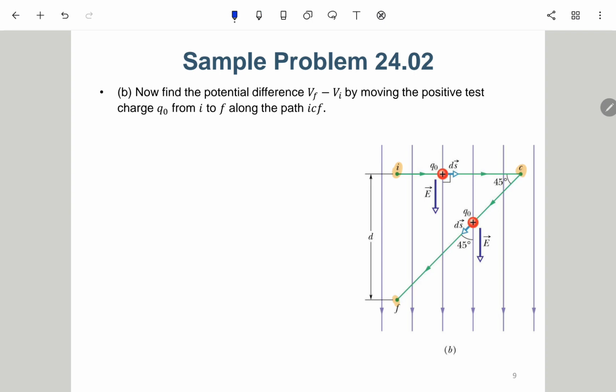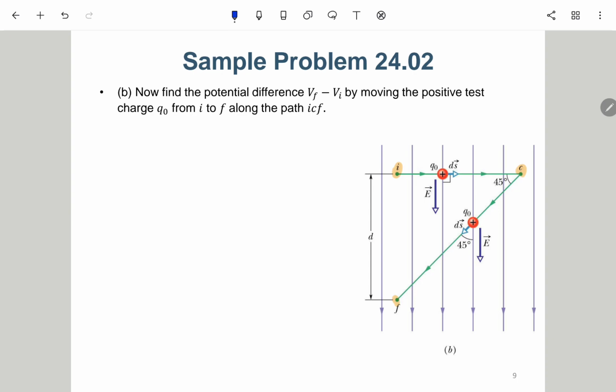Of course, as we mentioned, the potential difference doesn't depend on the path, but this sample problem tries to verify it for you so that you have some idea.